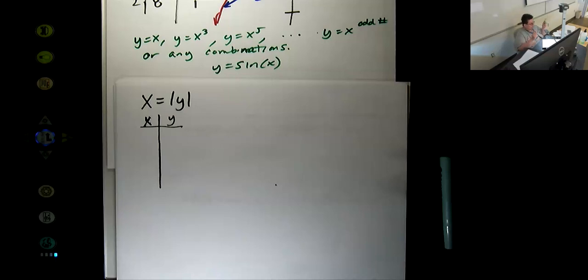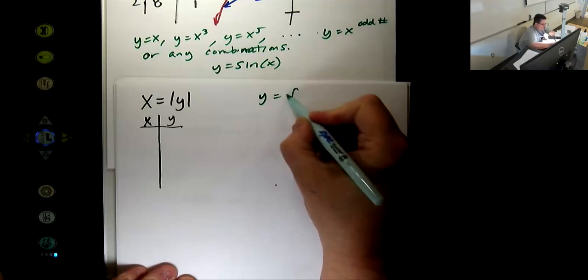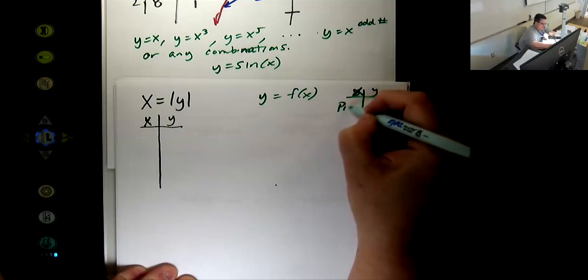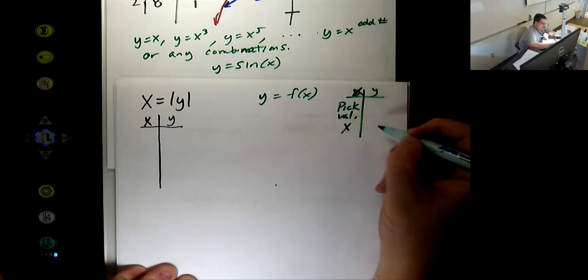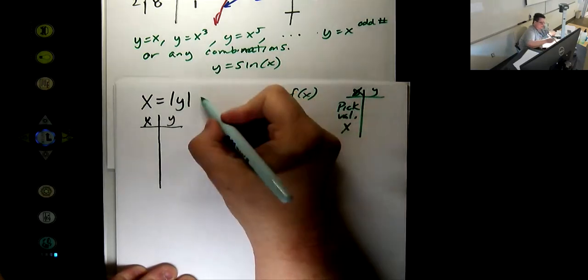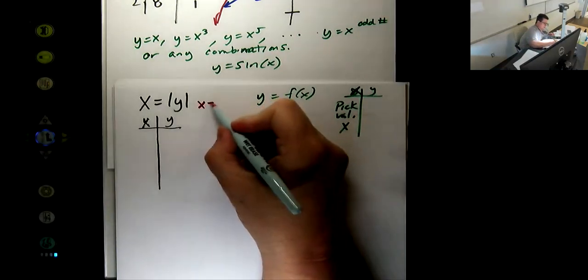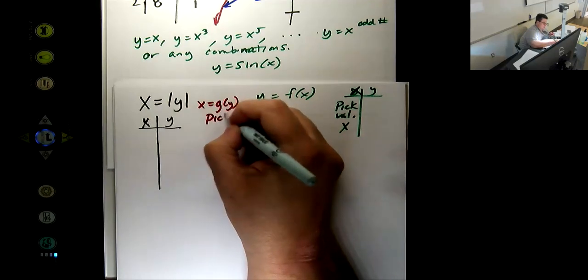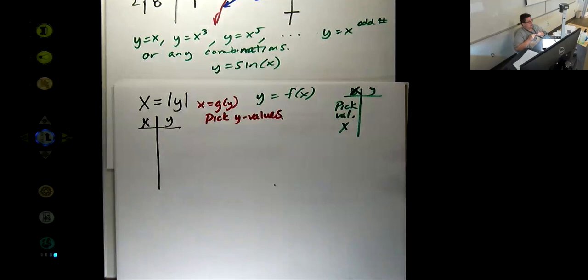So the idea here is, if we have y equals f of x, do your xy table and pick values for x. When you have x equals a function of y, I'll say g of y, pick y values. That'll make this easier. You'll find that it makes everything a lot easier.